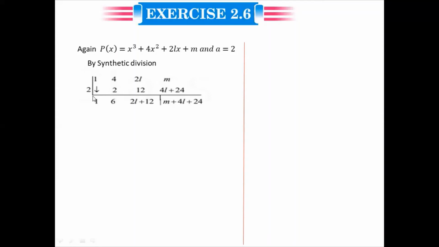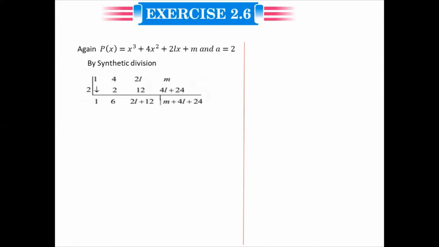Take one vertical line and one horizontal line. Take 1 under the horizontal line, and we multiply this 1 with 2. We have 2, and we write this 2 under the 4, and when we add up these two numbers we have 6. Again we multiply this 6 with 2.